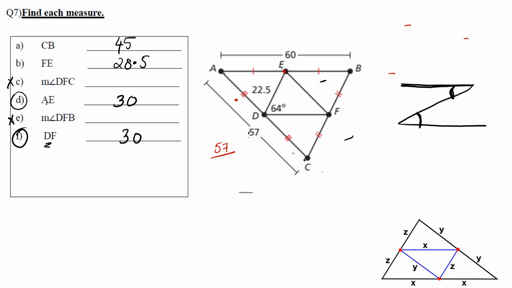So I am trying to make the Z of this one. So if this is 64 because it is given, so I want to find out the Z of this one. It means if I make the Z, so this 64, so this is also 64. Number one thing.